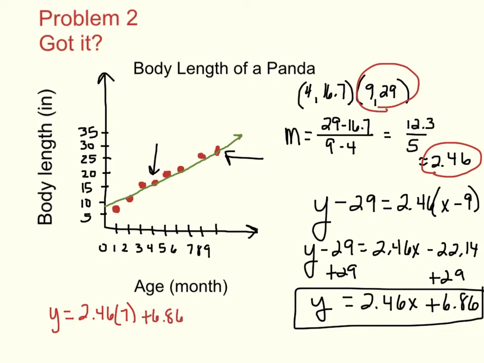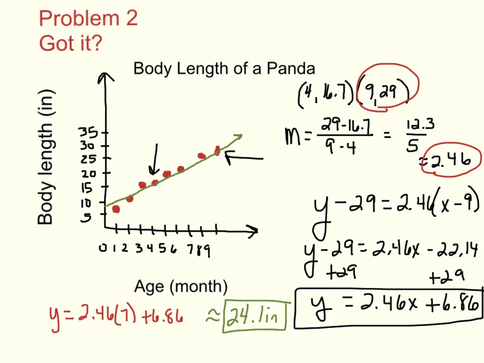So 2.46 times 7 plus 6.86. The approximate body length is going to be 24 inches, or you could even say 24.1 inches if you rounded to the nearest tenth. So my answer will be approximately 24 1/10 inches.